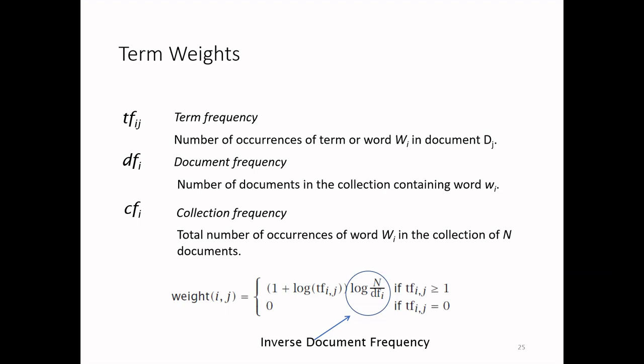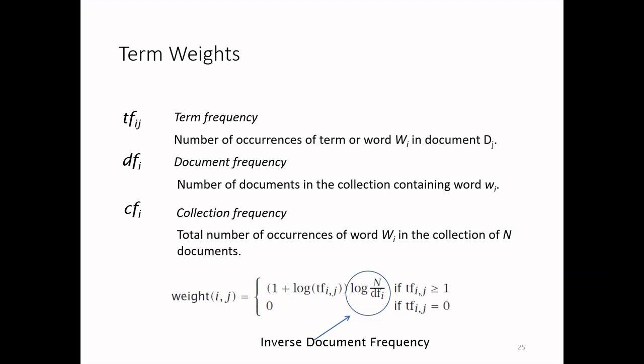Based on this, one can calculate the weight value assigned to the ith word for document j. If you look at the vector representation for document j and go to the ith component of that vector, that component refers to the ith term.